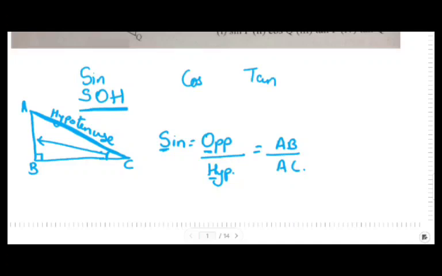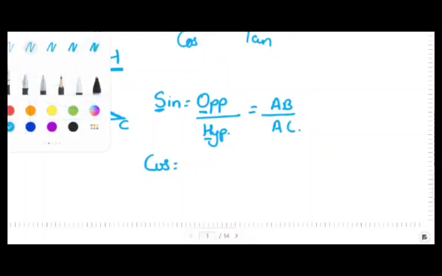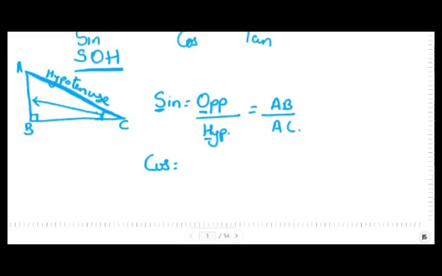Alright? For cos, okay, cos of the same angle right here. Should I mark cos with green? So I'm going to find the cos of angle C. For cos, it's going to be adjacent side upon the hypotenuse.